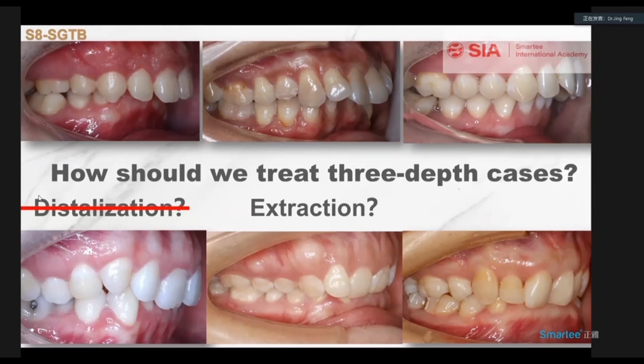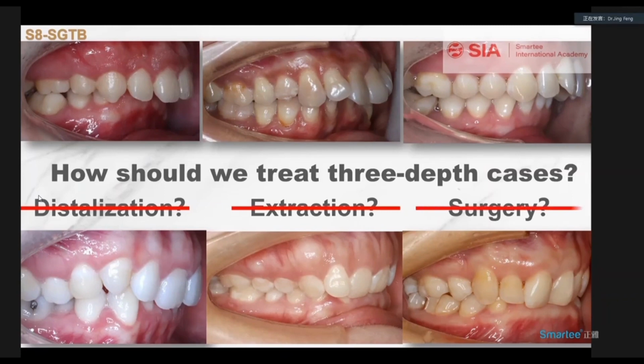So extraction is not a good option for us. And surgery. Surgery may be the last resort for us, but most patients cannot accept surgery, and that will be harmful and expensive. If we can provide the patient some other options with a harmless solution, that will be better.